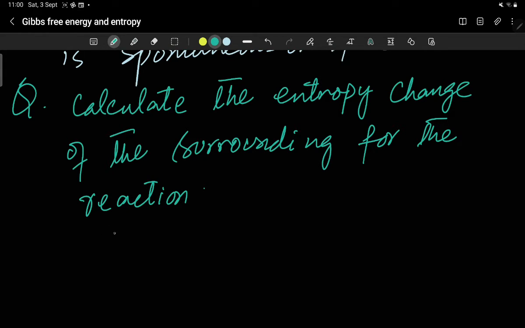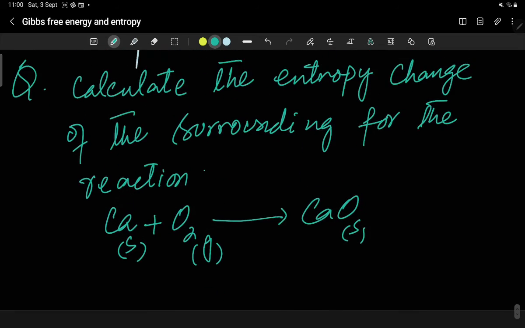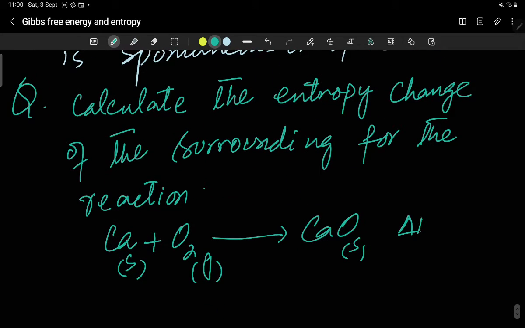This is the chemical reaction: calcium solid plus oxygen gas to form calcium oxide solid, and delta H of reaction is equal to minus 1270.2 kilojoule mole inverse.